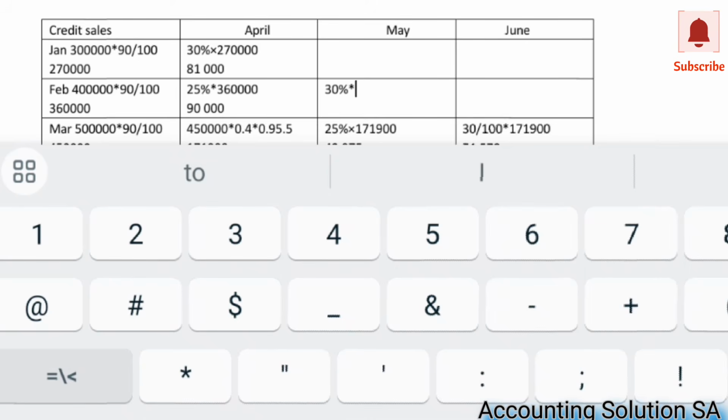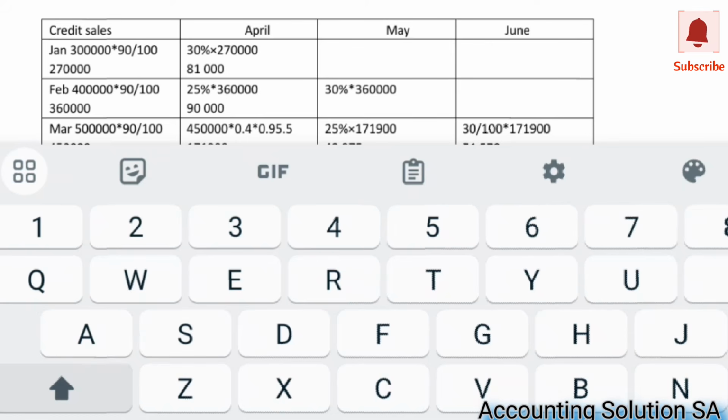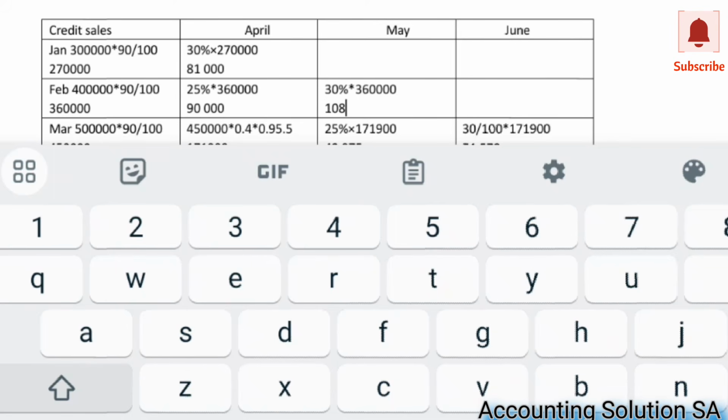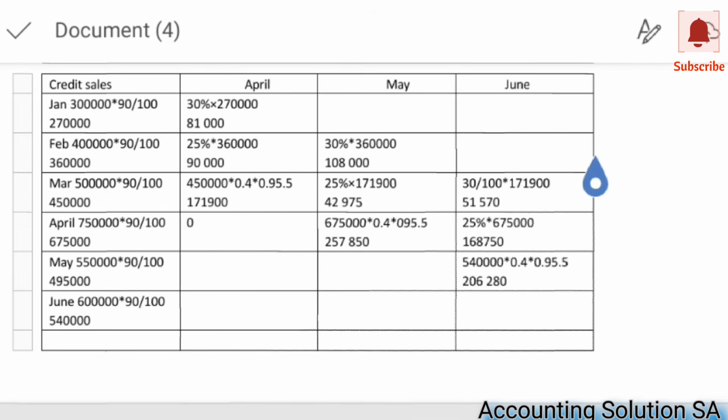Then we multiply by 360,000, and it's gonna give us 108,000. Okay. So this is how you should prepare it.